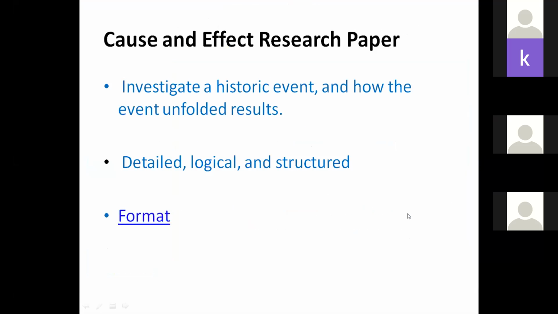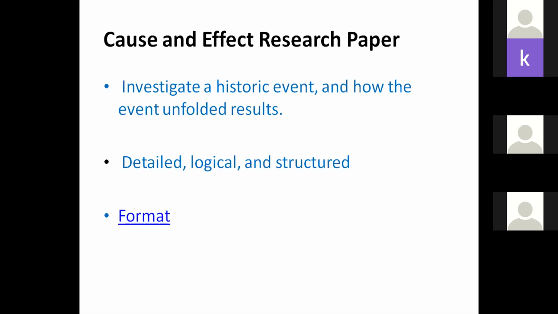Then the next one is the cause and effect research paper. This type of research paper focuses on certain issues and analyzes reasons for a particular result along with its effect on everything involved. So one can investigate a historic event and how the event unfolded, and the result can be seen today.